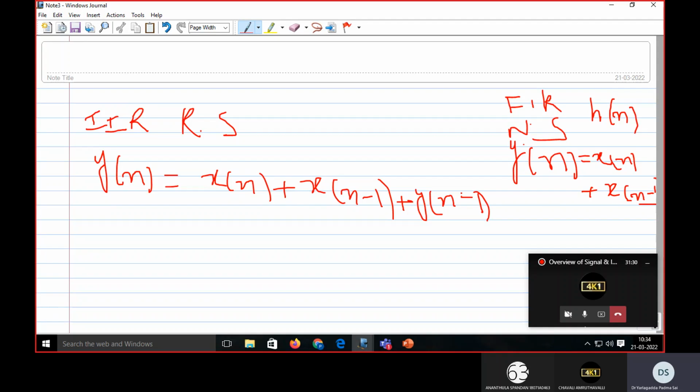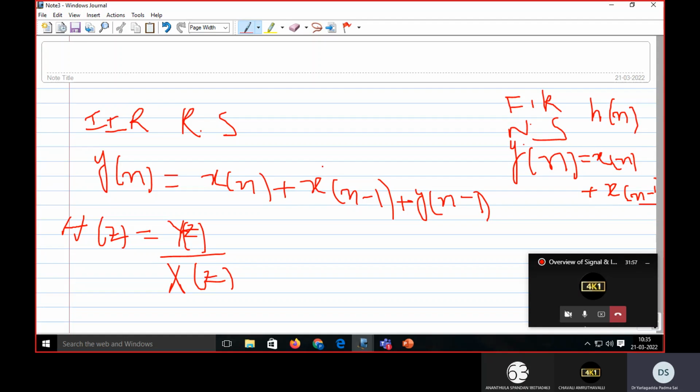Now if you calculate the system function, you have to calculate H(z). H(z) is equal to Y(z) by X(z). Already you know the transfer function of any system; all of you studied all these things. Now initially I am assuming all initial conditions are 0.